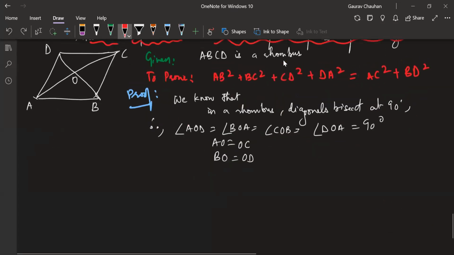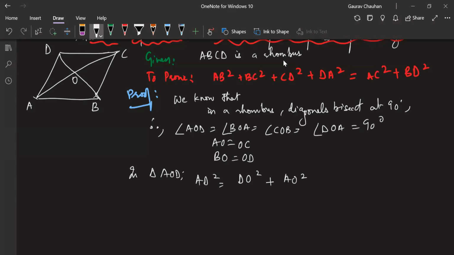Now this means I have right triangles here, which means I can bring the Pythagoras theorem into action. Let's take all four triangles. In triangle AOD, I get AD square is equal to DO square plus AO square. Now see, AD square is here.